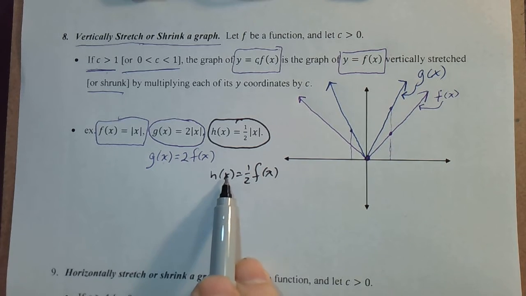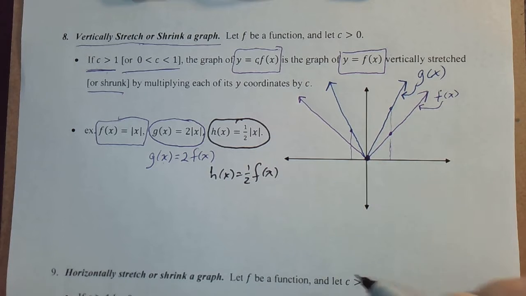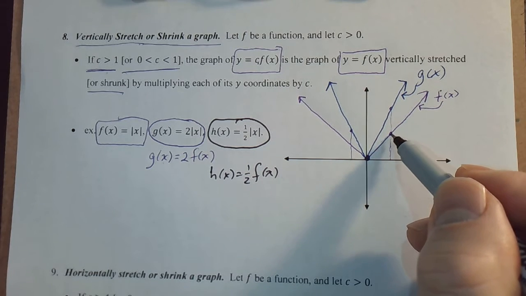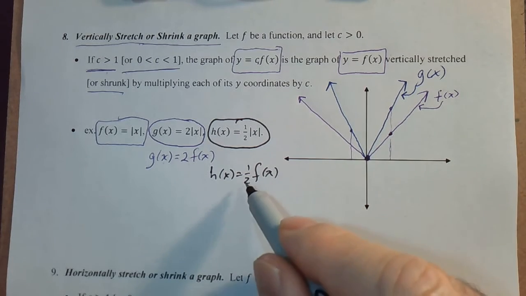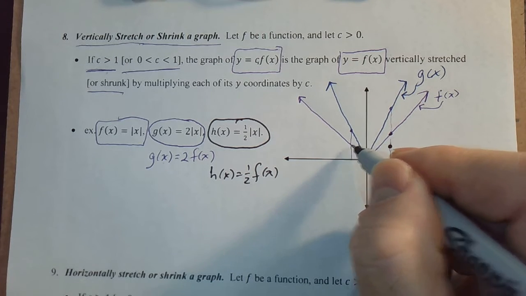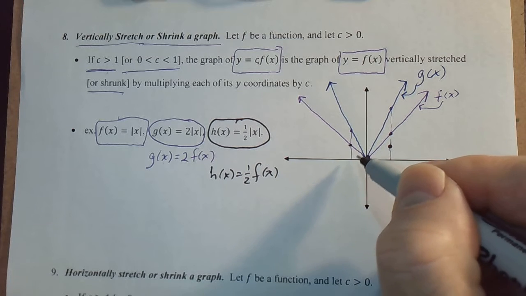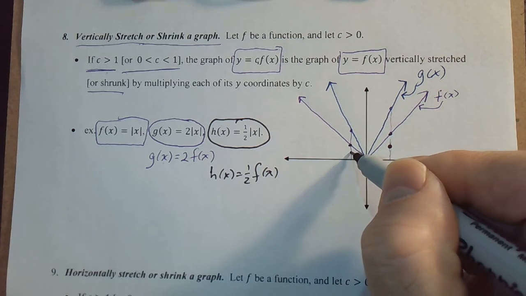And once again, if you plug in a 0, you'll get a 0 out, so this point is common. Maybe I'll look at this same point I did before. If f of x, the height of the function here, is this, h of x is going to be half of that. And over here, f of x was this height, h of x is going to be half of that.